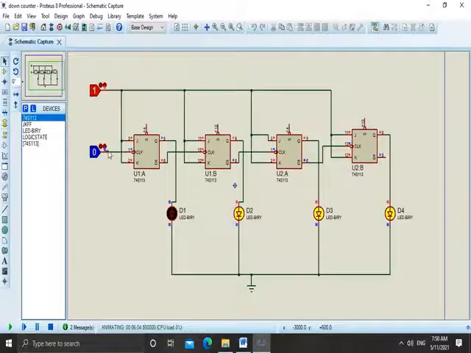You can notice in the third clock pulse, here we have seen only the first clock pulse. After the second clock pulse, this is 1, this is 0, we have already seen. After the next clock pulse, the count you have seen is in decreasing order: 6, 5, 4, 3, 2, 1 and 0, and it starts again from 15.